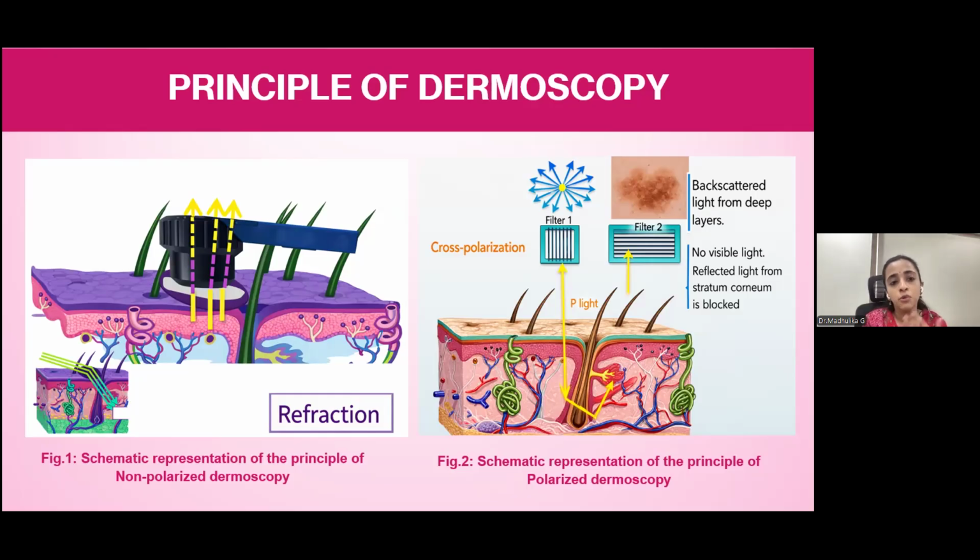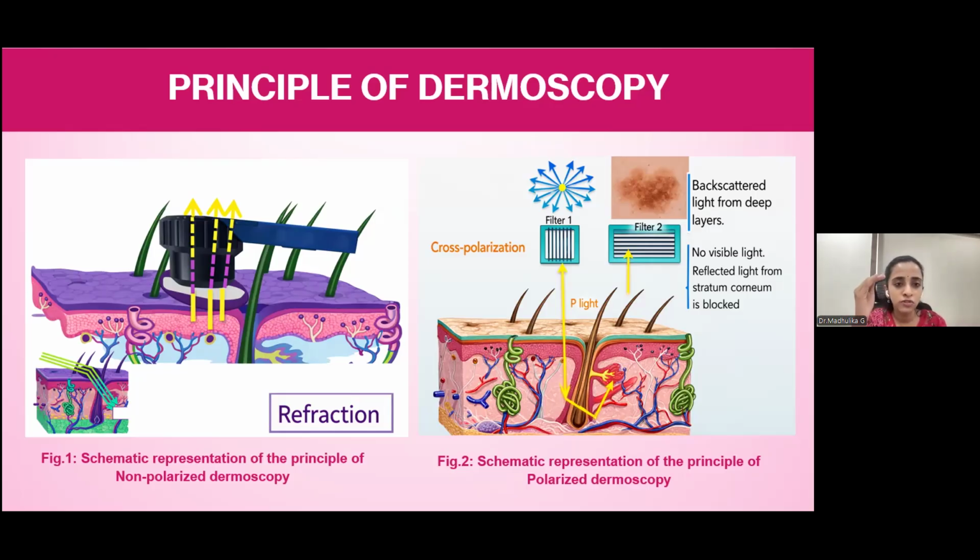Now, what happens in a polarized dermoscopy? How is it different from non-polarized? Normally this uses the principle of what is called cross-polarization. Normally light is scattered in different directions, right? But when you place certain filters, cross-polarization, two filters which are perpendicular to each other, this multi-directional light passes through filter 1 and becomes unidirectional. Only the light that matches with the filter will go in and we get the polarized light. That polarized light penetrates deeper than your normal refracted light, and instead of just going in, it also changes its direction.